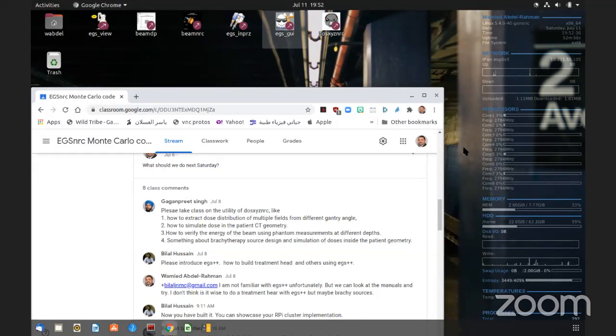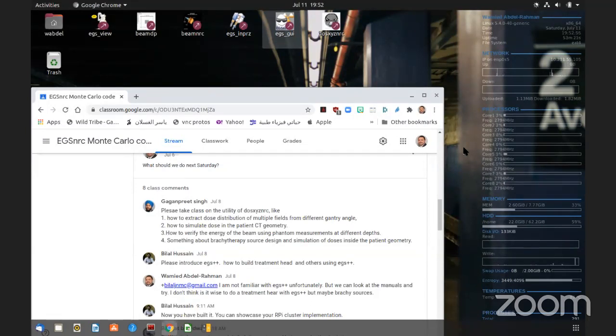When we define a LINAC in the beam, we have a certain number of histories there also, and then we make it a library, and then we do all the simulation from dose XYZ. So there also we are giving a certain number of histories. How are these two files related in terms of number of histories?